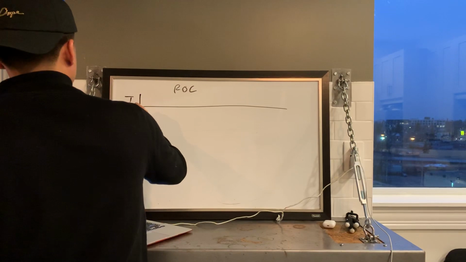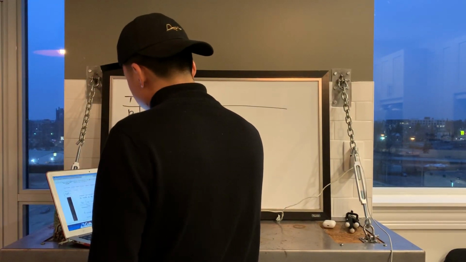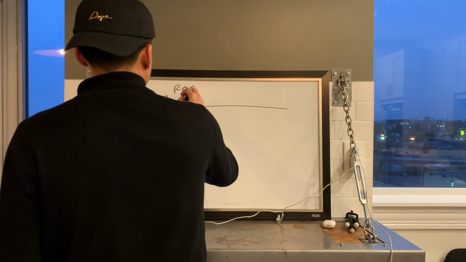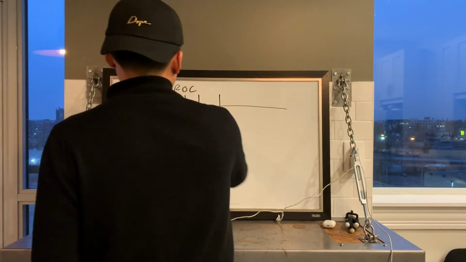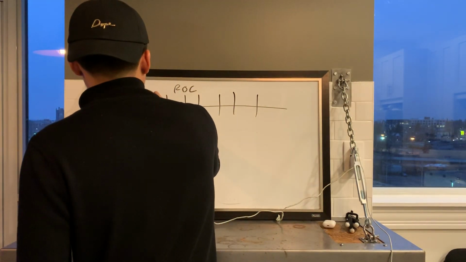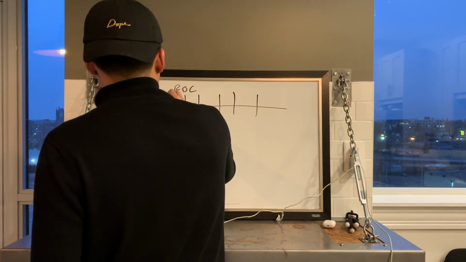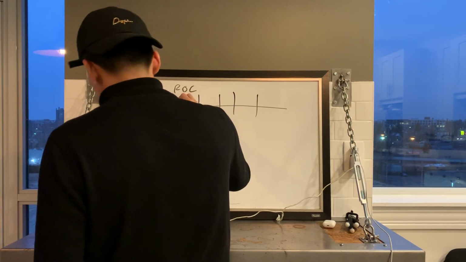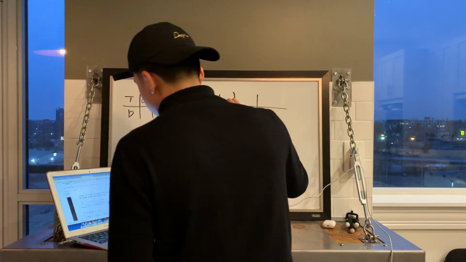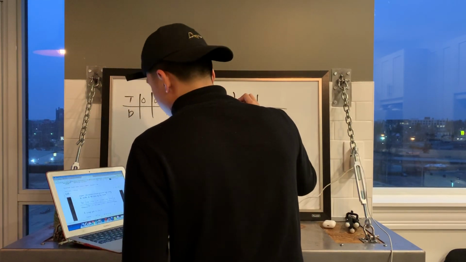Time and distance. So you have 0, this is hours, 0.5, 1, 1.5, 2, 2.5, 3.